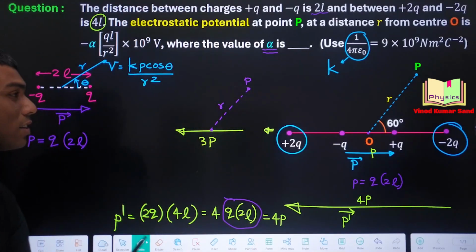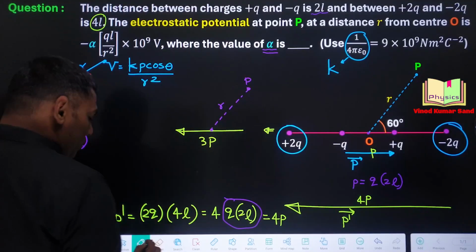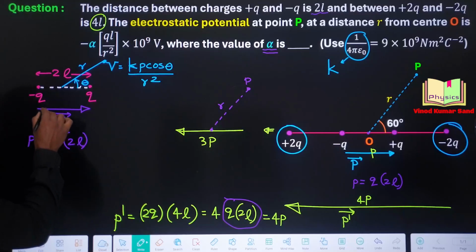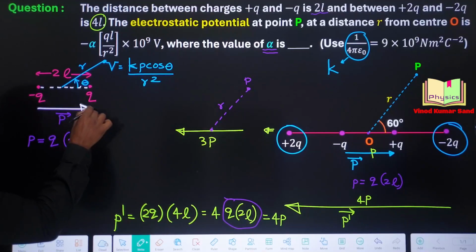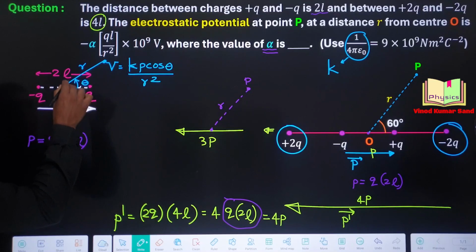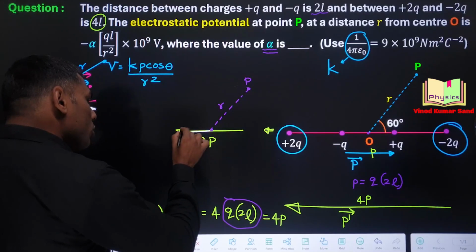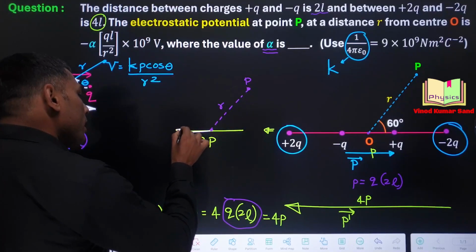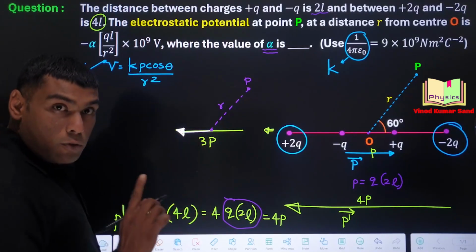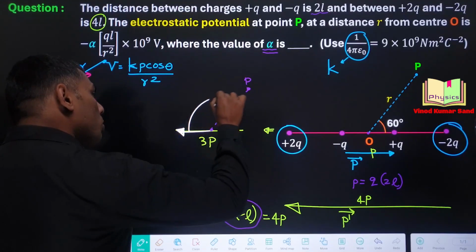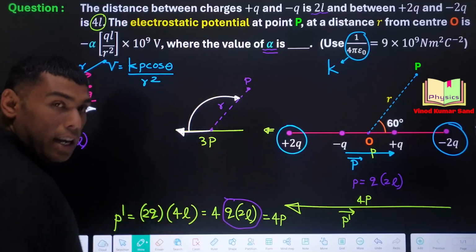Now, if we check the angle, this is the direction of the P vector. From the direction of the P vector, you have taken the angle like this. And from the direction of the P vector, we always consider the angle. So this should be the angle for our calculation.